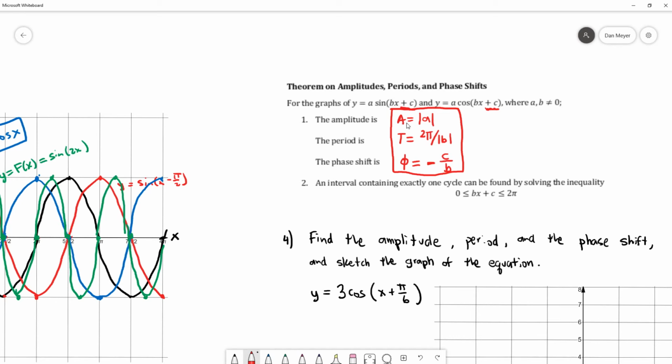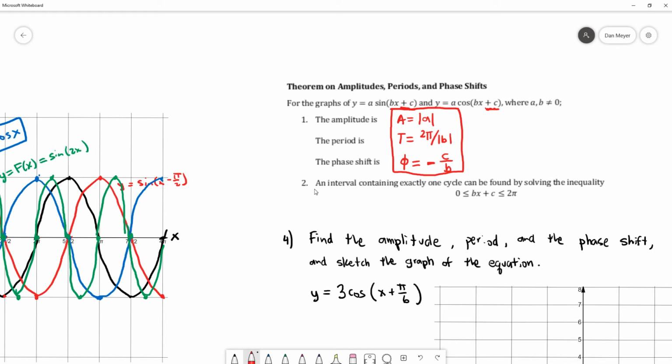Knowing that the amplitude is affected by vertical stretching, it has to have something to do with this A coefficient. The period is affected by the horizontal stretching, so it has to have something to do with this B. But now that we have those formulas, we don't have to think about graph transformations anymore. And as much as it pains me, I would encourage you to just memorize these formulas and know how to use them.